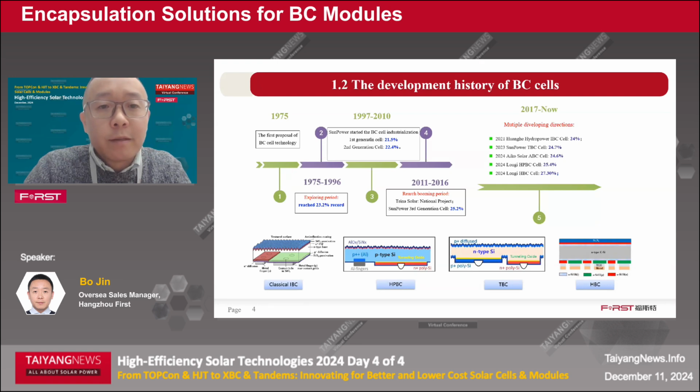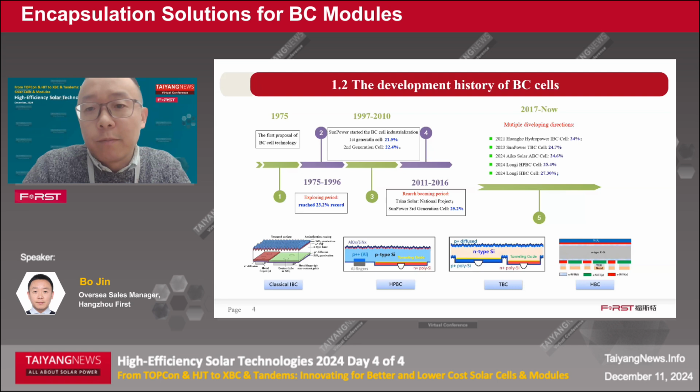And from 1997, SunPower, also known as Maxeon, was the leader of the BC cell technology, and their first generation cell and second generation cell were introduced during the third period of the history. And in the fourth period of history, from 2011 to 2016, the research on BC is actually booming. Like China's module makers, Trina, they are focusing also on this technology, and SunPower introduced their third generation cell.